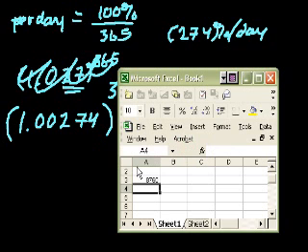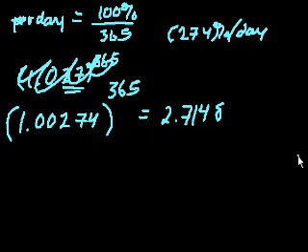So there's 8,760 hours in a year. And then if we want to divide 100%, which is just 1, by that number, what is that number? Yeah, it's 0.0114.